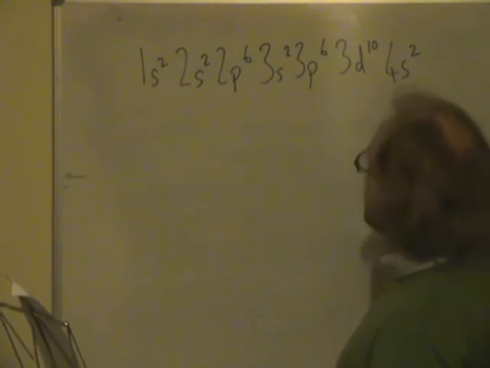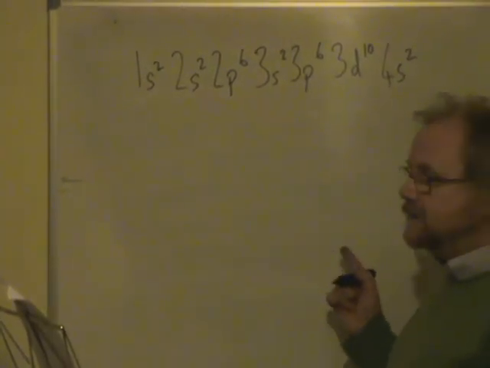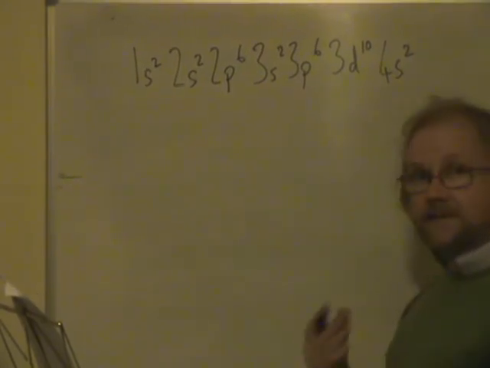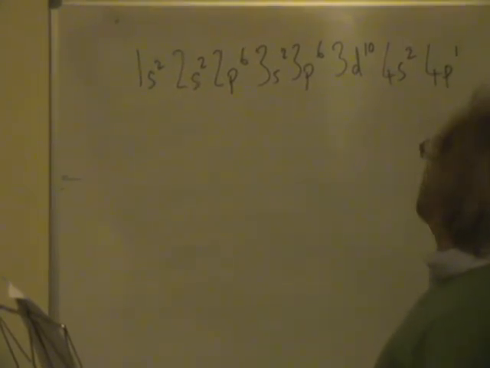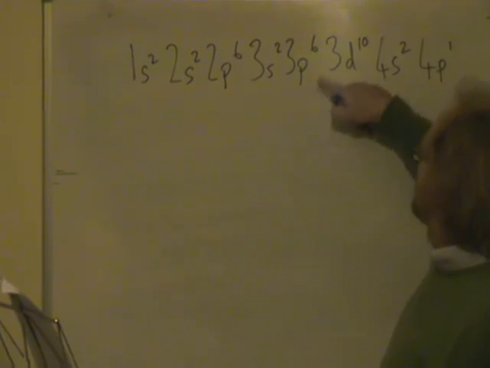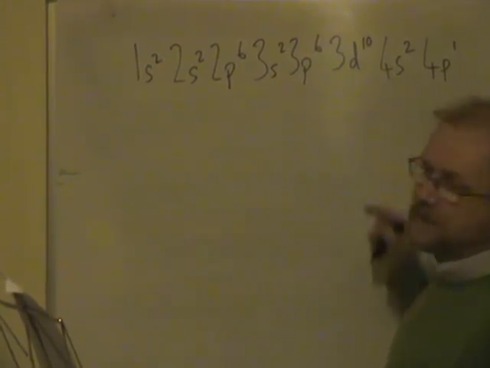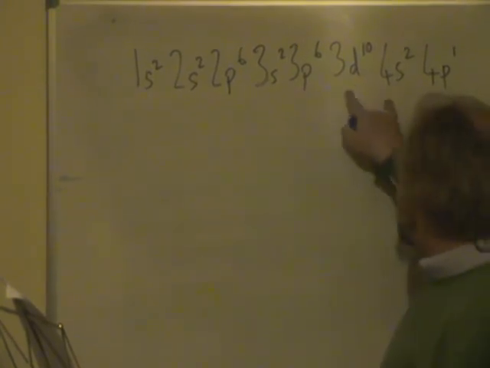So we've got 3d10, 4s2, and then we're into the p block again. We're starting to fill up 4p, and gallium is the first element in the p block, so it's 4p1. If you wrote 3d10 and 4s2 the other way round, because the order they're filled up is 4s2 then 3d10, that's fine. They're not going to worry about that, so long as you've got them both in there.